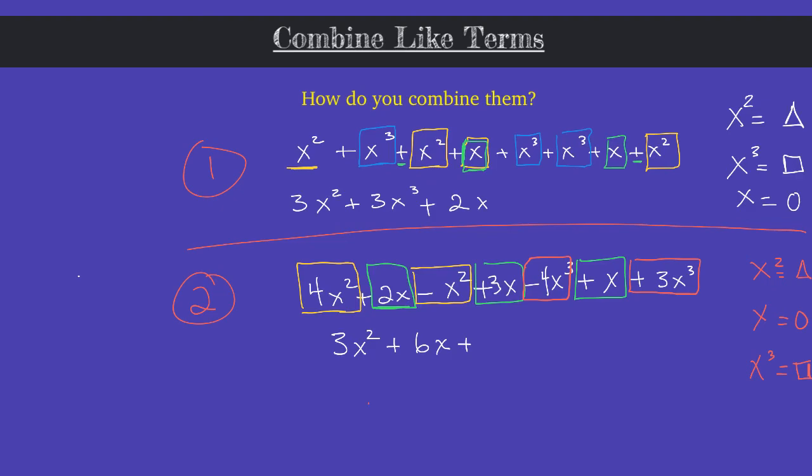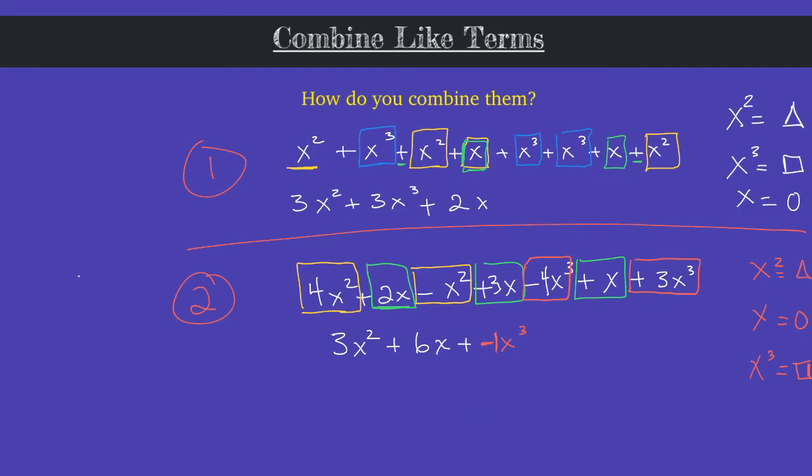So if I owed you 4 squares and I added 3 squares, then how many squares do I still owe? Well, I still owe you 1 square. So technically, I'm in the negative. So you'll end up with negative 1 square. Okay? So in our bag, we're still lacking a square that we have to replenish. So negative 4x cubed plus 3x cubed is going to be a negative x cubed, or negative 1x cubed, if that helps, okay?